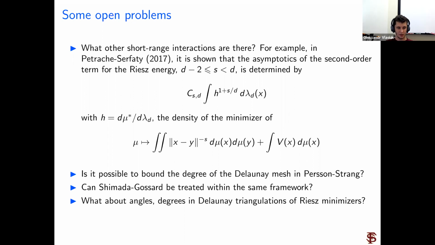So basically, find a Rees minimizer and triangulate it. Is it true that the degree of every vertex is bounded independent of the cardinality of the minimizer? This seems to be true, because all these meshes only work because something like this is true. But there are no theorems about it. There are theorems about the maximal degree of the Delaunay triangulation for a random configuration, not for a minimizer or some functional. So that would be really interesting to look into.